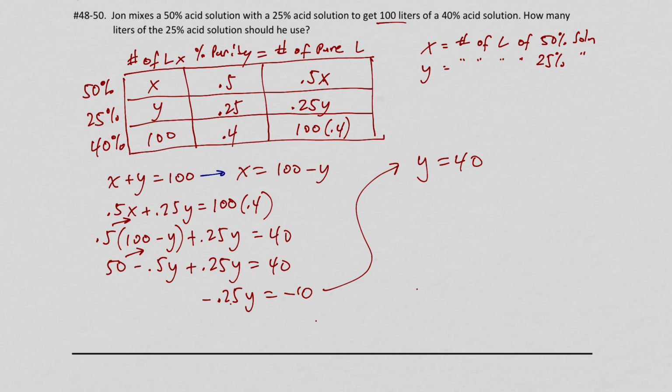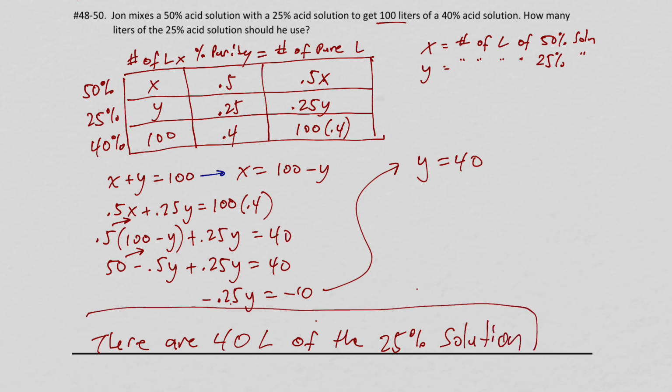If we wanted the 50% solution, we'd have to go x is 100 minus that, which would have been 60. But this answers the question, so I'll stop there. So there are 40 liters of the 25% solution. That's it.